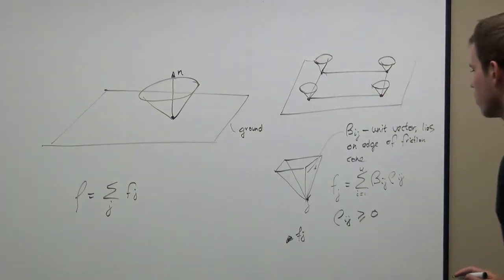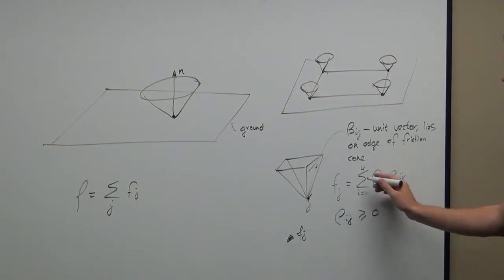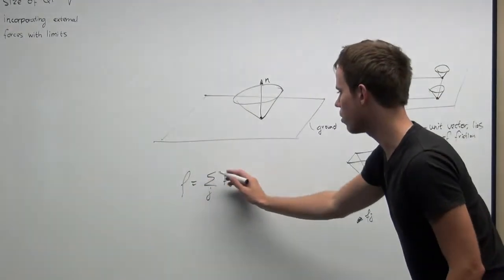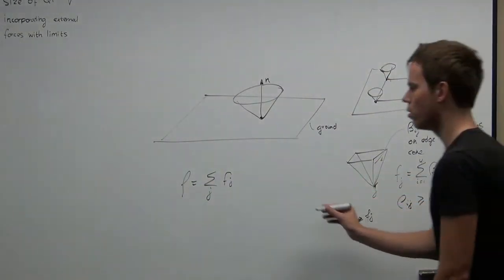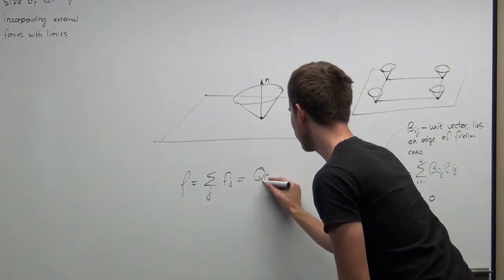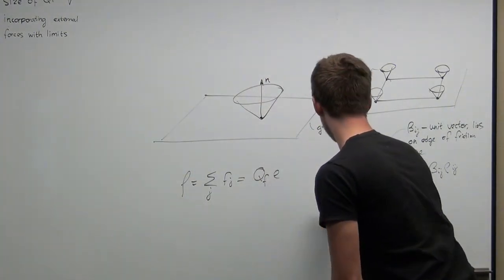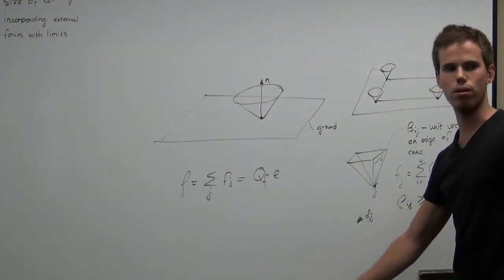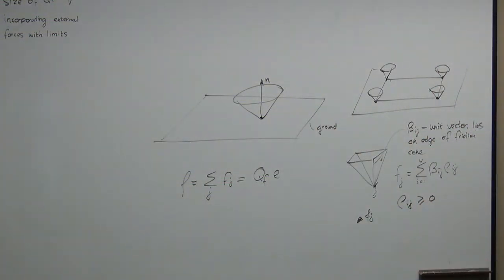Since Fj is a linear combination of the rhos and F is a linear combination of the Fj's, you can write this as Qf times rho, where rho is a vector of all of these rhos stacked on top of each other.